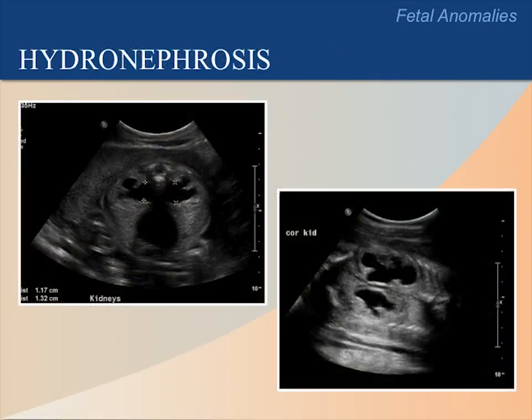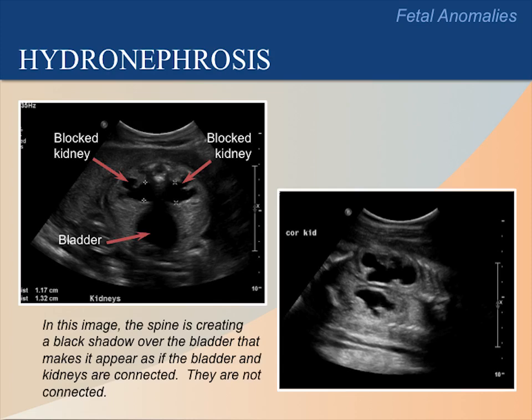Which structures are we looking at in the upper left image? Please pause the video now and encourage responses. In this case, there is a blockage in the urethra, which prevents the bladder from draining urine. So there is a backup of urine leading to enlargement of both the kidneys and the bladder.